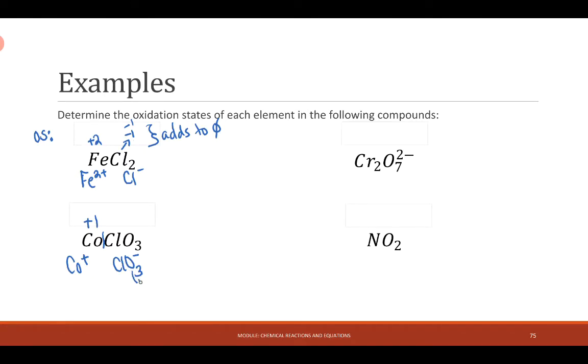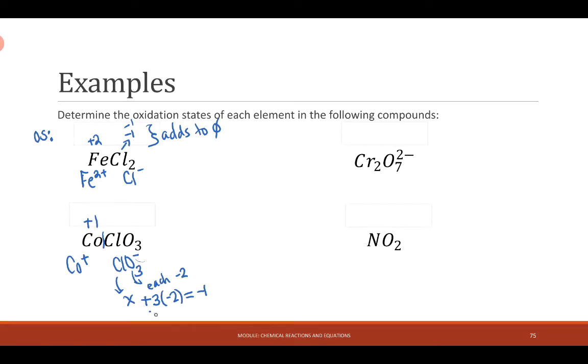Oxygen is going to steal the electrons more, and so each oxygen likes to be -2 in ionic compounds. And so we'll give each oxygen a 2- charge. And so I'll call chlorine X. And so if I have three oxygens, each at 2-, then that's going to have to add up to a -1 because chlorate's a -1 ion.